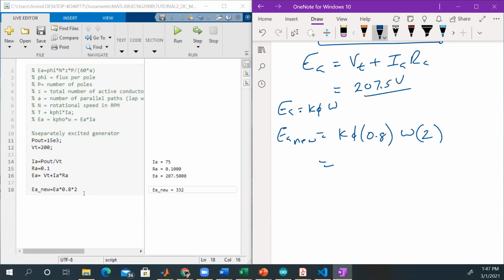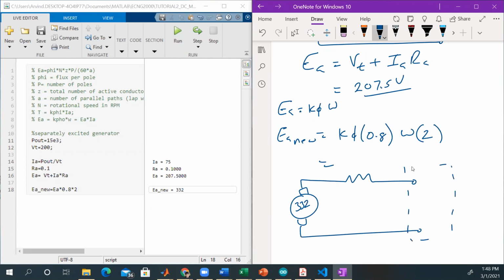And now we want to find the output power for a current of 50 amps at these new conditions. So now we have 332 volts. We have an output current of 50 amps. And we want to find the output power, right?